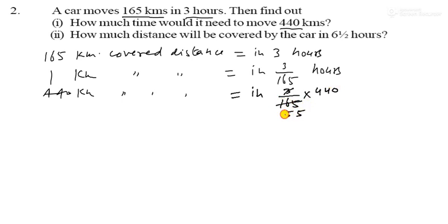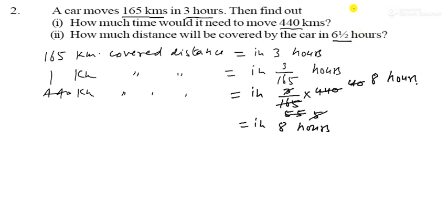So what will happen? So 3 fives are 15 and 3 fives are 15. So once again 11 fives and here 11 fours, and 5 eights are 40. So it is in 8 hours. You can write here hours.